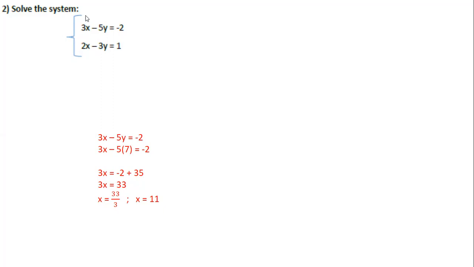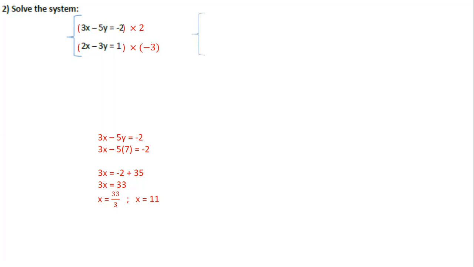Yes. So I will decide to get rid of x. See what we do, Alex. I decide to multiply all of equation 1 by 2 and all of equation 2 by -3. If I do this, let's multiply 3x times 2, that is 6x.